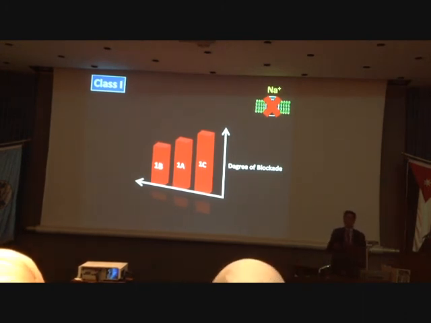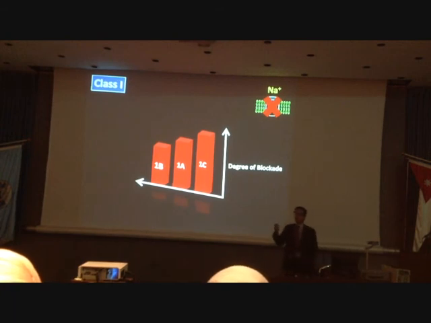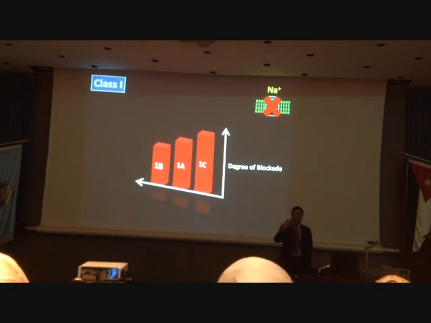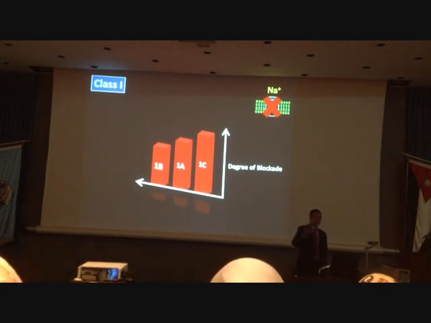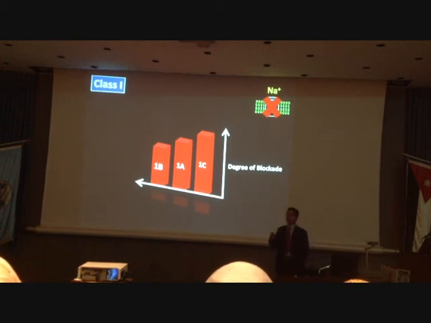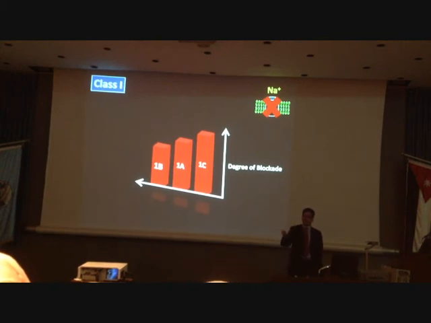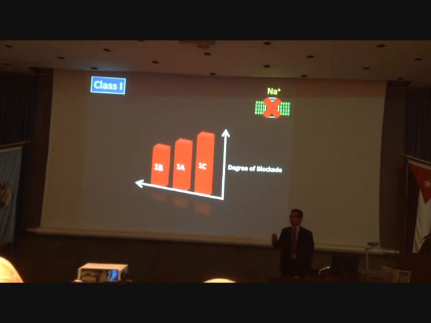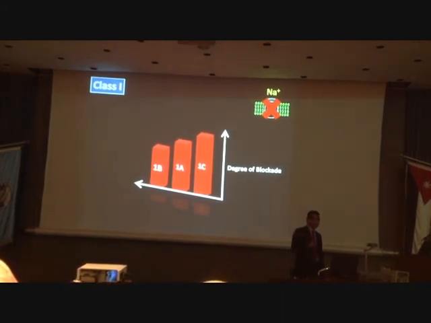Okay? Now, the final thing I'm going to say about this class is a practical comment. In the past, class 1 agents were used frequently, particularly in the emergency department. And there's a drug called lidocaine. Lidocaine was very important in aborting sudden or acute arrhythmias in the ER.